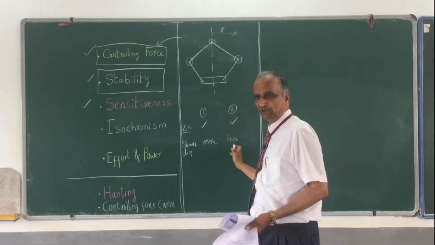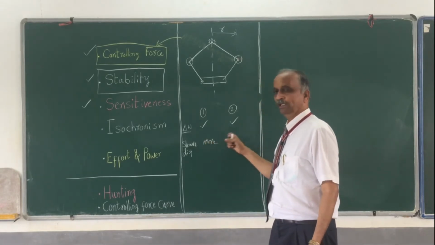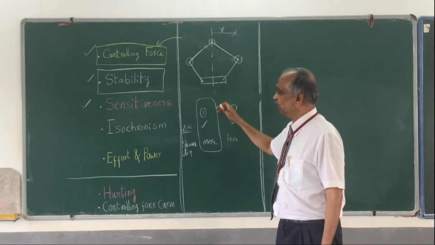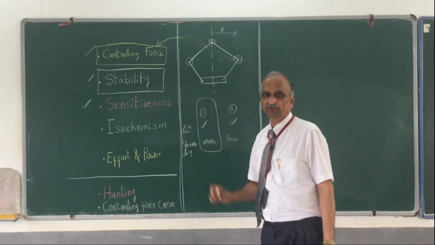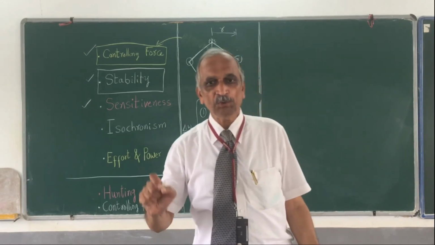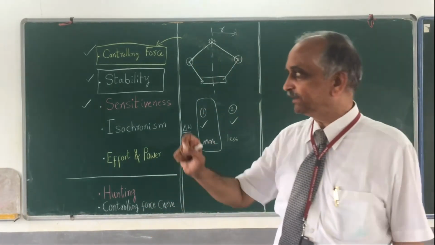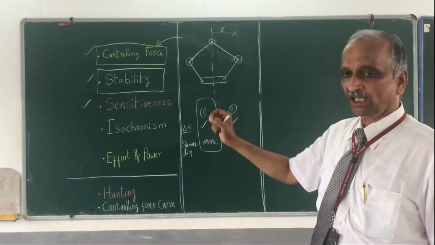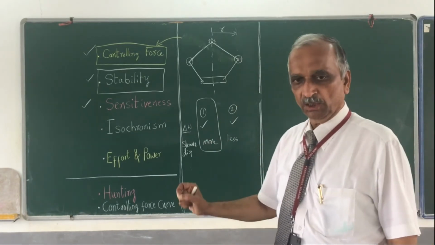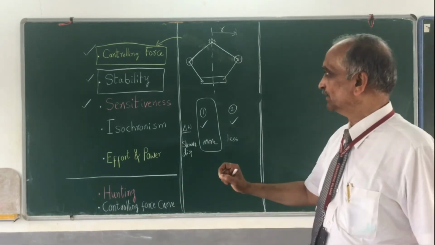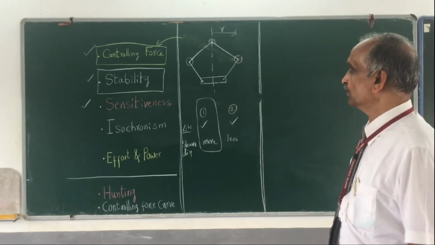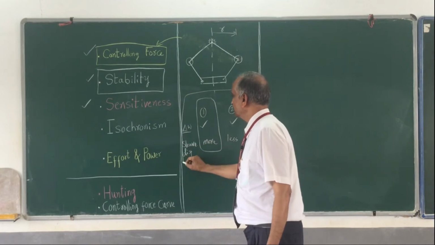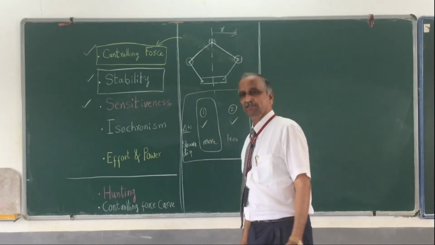If this is more than this, then this governor is said to be more sensitive than the other. A governor whose sleeve undergoes larger displacement for the same change in speed is said to be more sensitive. So this is one way of talking about sensitiveness.